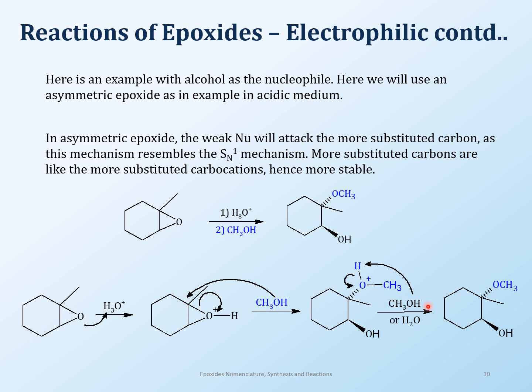Methanol is a stronger nucleophile than water is, so the methanol will be doing the reaction here. Also, you will have more quantity of the methanol. So I wrote water here, but really you're better off using methanol to pick up this proton.